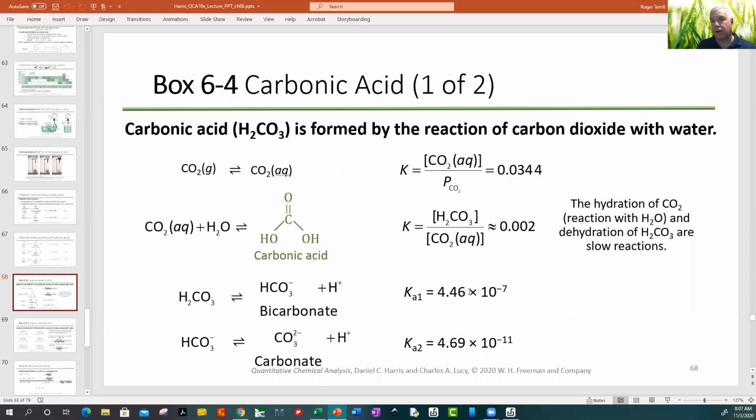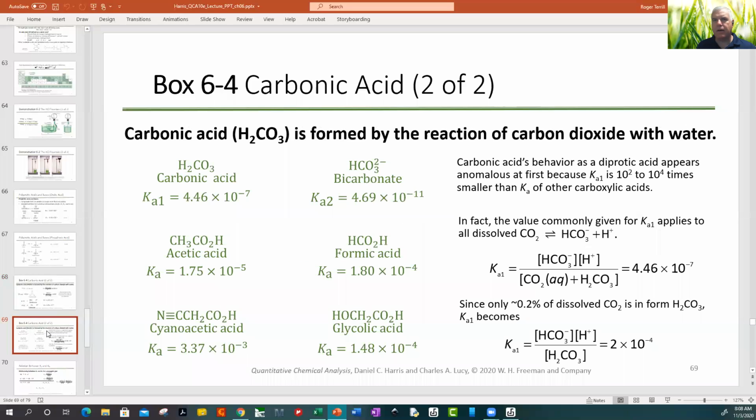this can be an acid, right? And it looks like a very weak acid, right? But it's not really this weak because when you define it, you have to include all of this junk in the denominator, the aqueous CO2 and the bicarbonate and the hydrogen carbonate ion here.